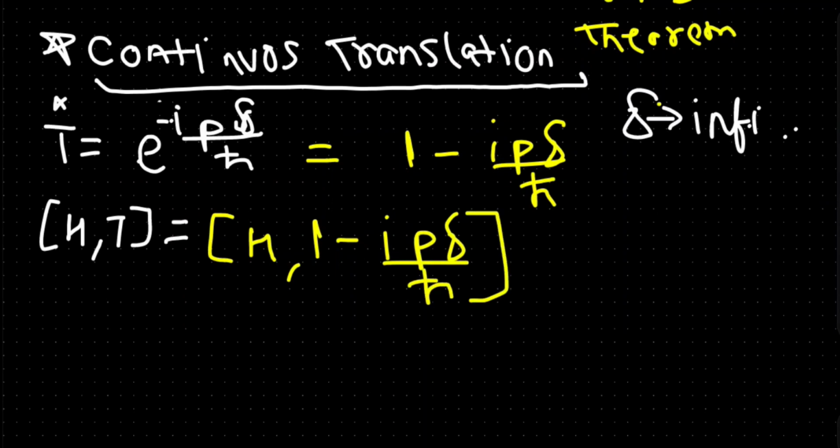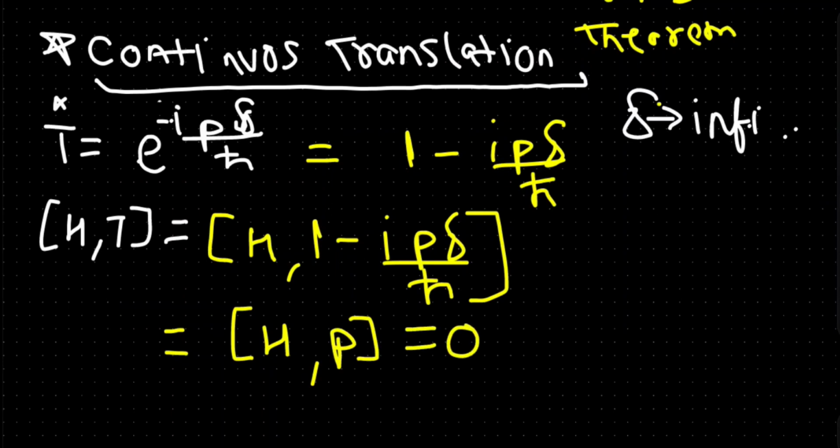So if there is a commutation relationship between these quantities, we can easily conclude that the commutator of the Hamiltonian and the momentum equals 0.